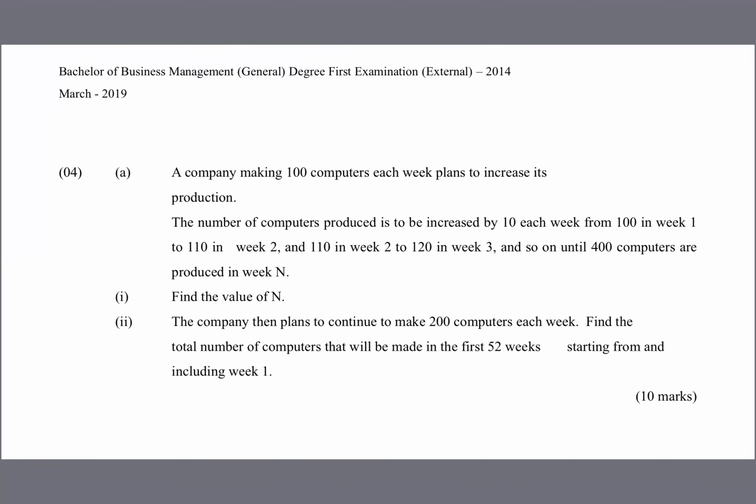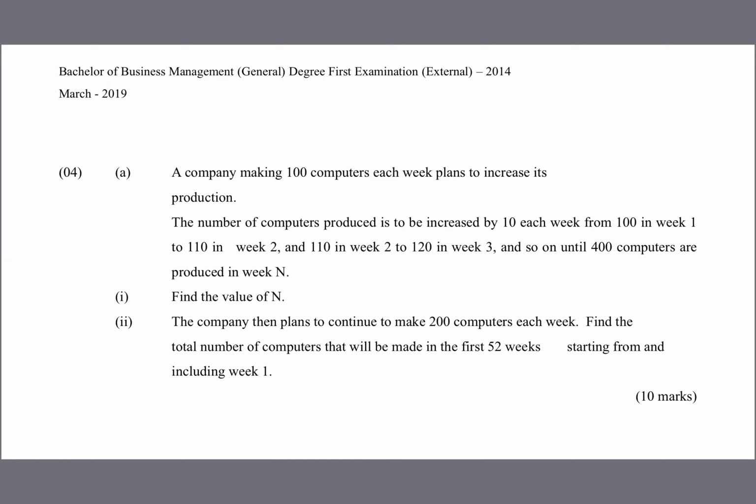Here you can see on my screen one past paper question from academic year 2014, question number 4, right?